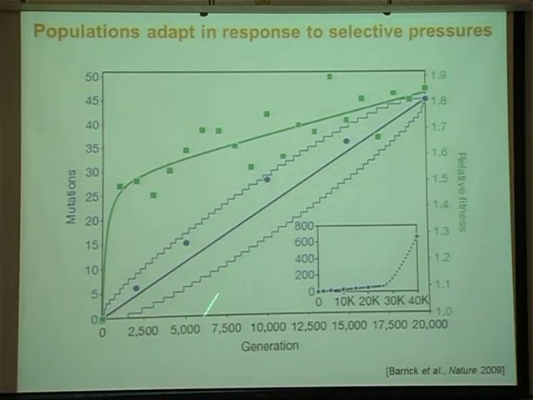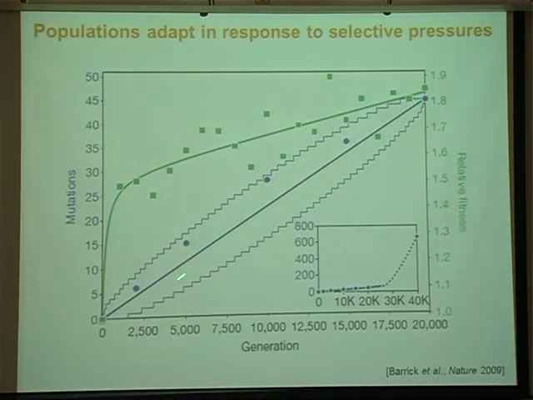And they sequenced these populations, in this case from 5 time points through 20,000 generations, then an additional 40,000 generation time point. One of the surprising things they found here is that the number of mutations increases basically linearly through time, through this 20,000 generations. Then it dramatically increases because the mutator phenotype arises.